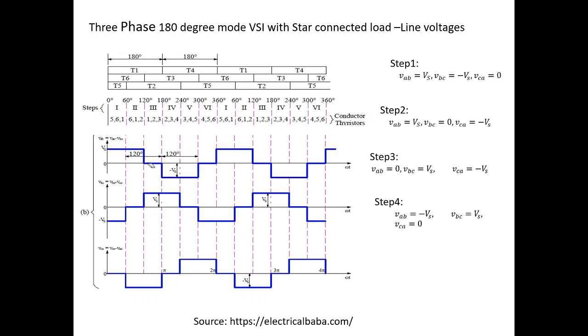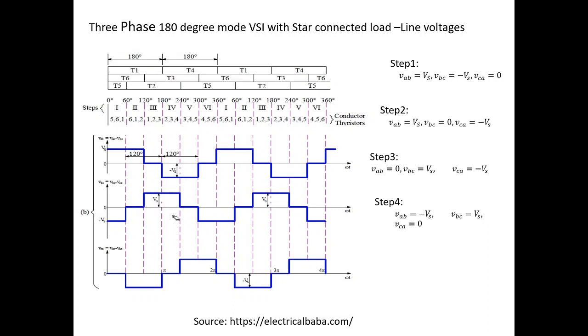There is some period during which it is equal to 0. You can see that for every complete cycle there are two steps in which the voltage is equal to 0. So for 240 degrees we are going to have voltage, and for the remaining 120 degrees we are going to have 0 voltage.